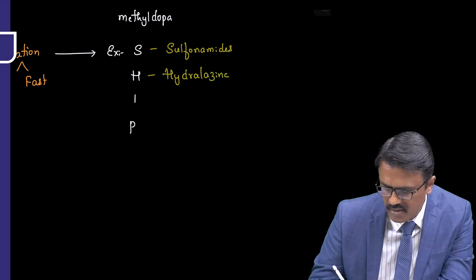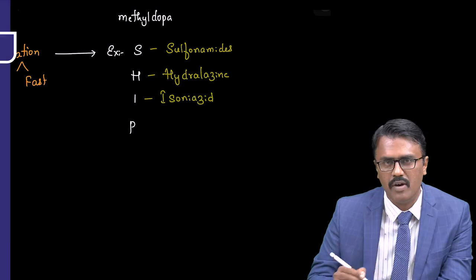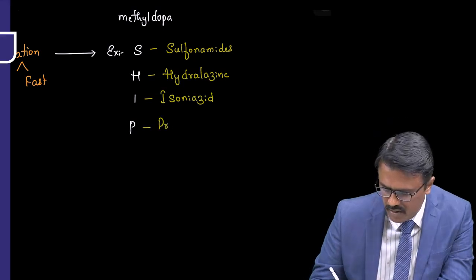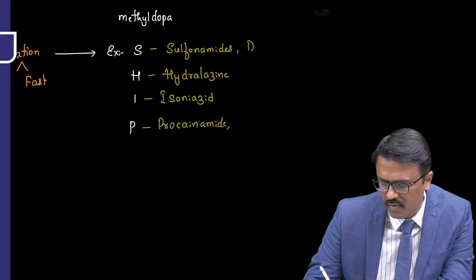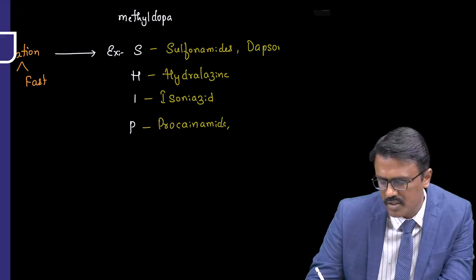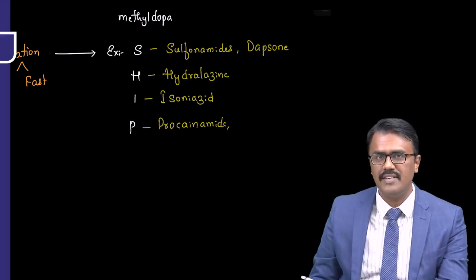It's an antihypertensive drug. I for isoniazid. And what is P for? P for an antiarrhythmic called procainamide. So along with sulfonamide, we can add one more sulfone, which is used in leprosy, dapsone. So they all undergo acetylation reaction.